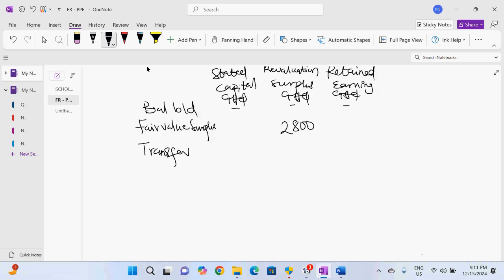From realized amount to retained earnings. So the transfer will be from the surplus, which is what? 70, towards retained earnings. You get it?